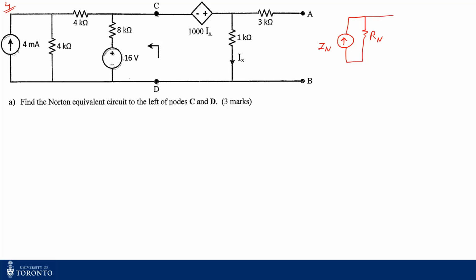So now you'll be looking for a circuit like this one. This is your C and D terminals, and the right-hand circuit will be the same as before.